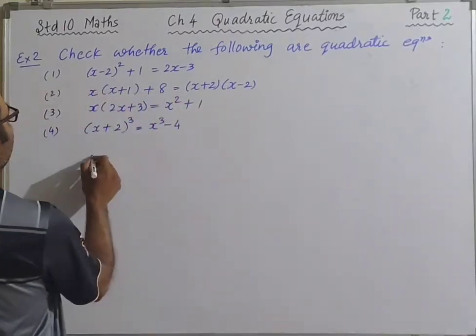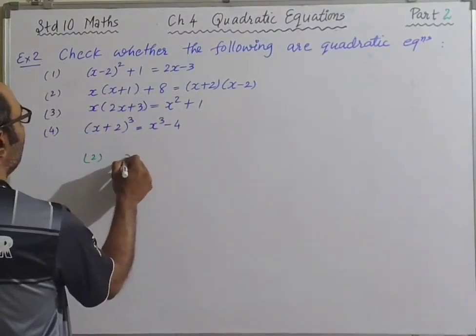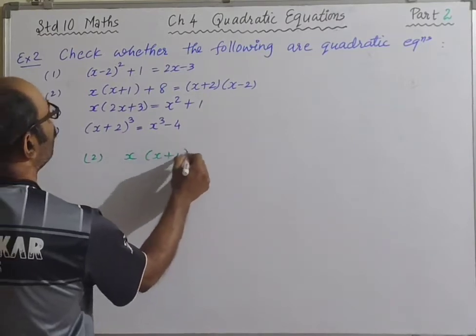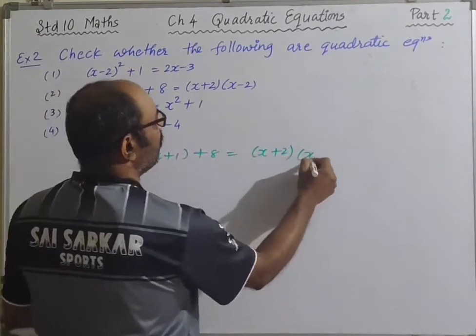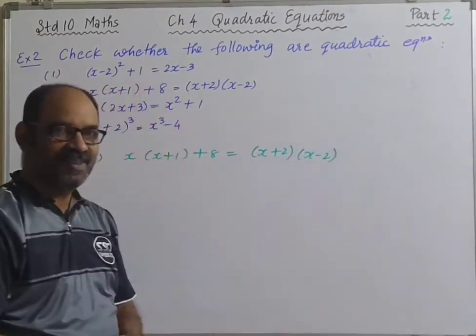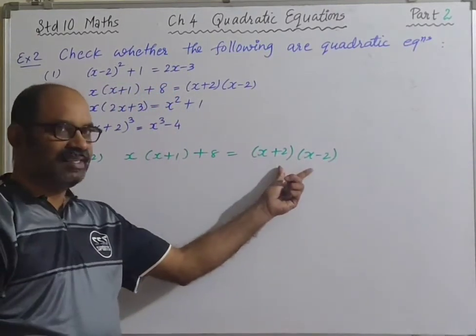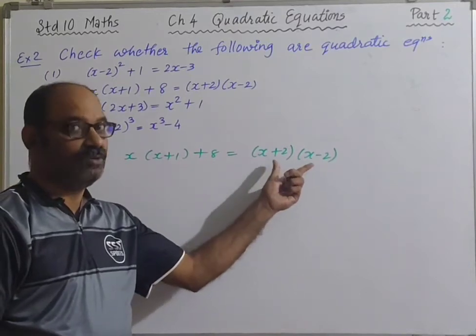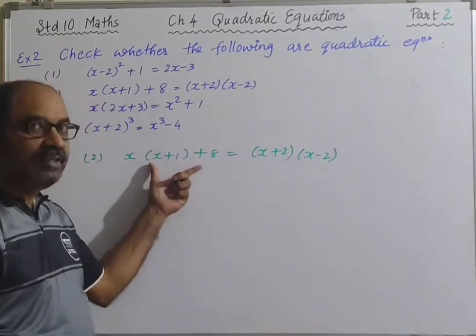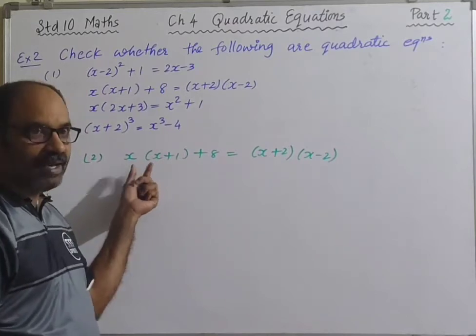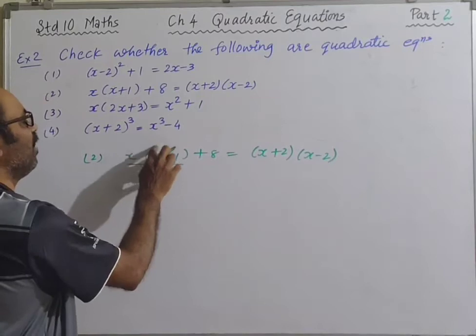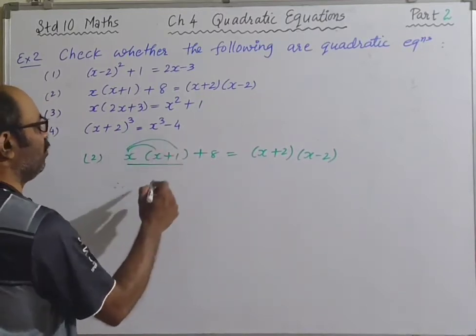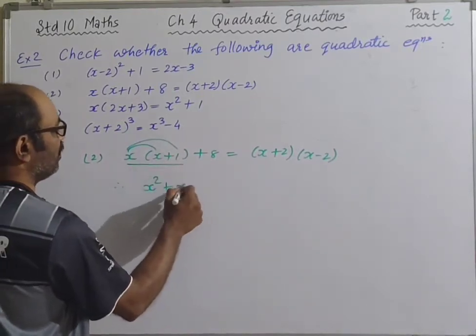What is the second one? x into (x plus 1) plus 8 is equal to (x plus 2) into (x minus 2). Well, the right hand side is a single term and it is complex. Simplify it. Left hand side has two terms and the first term is complex. How will you simplify the first term? Using expansion, monomial into binomial. x square plus x.